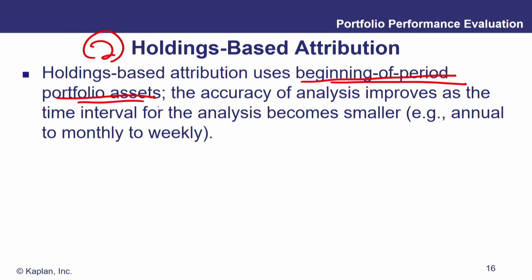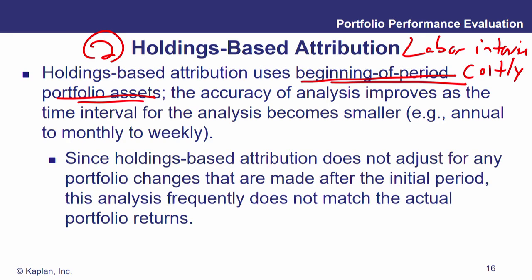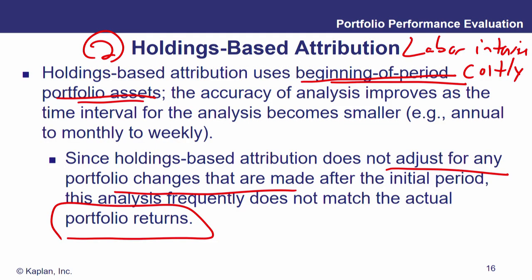So if we do it monthly to weekly to daily, the only problem is this is very labor intensive and it's costly to run compared to just running a simple regression. Now, the weakness of this model, because you don't adjust for any portfolio changes after the initial evaluation period, is that frequently it's not going to match the final portfolio returns.